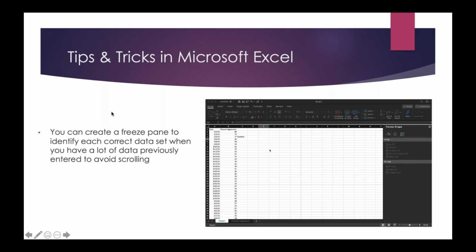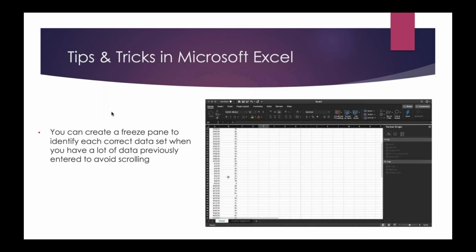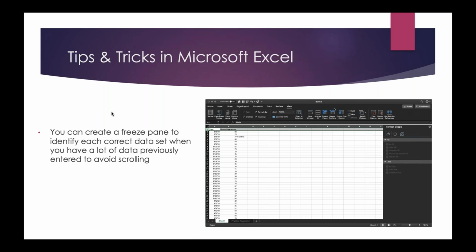The first tip that I'm going to show everyone in Microsoft Excel is how to create a freeze pane. So you'll come up in your Excel sheet. This can be used when you have lots of data and you need to continue to scroll up and down. So you'll select your first row, click View, and freeze top row.